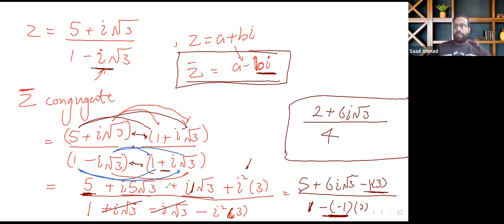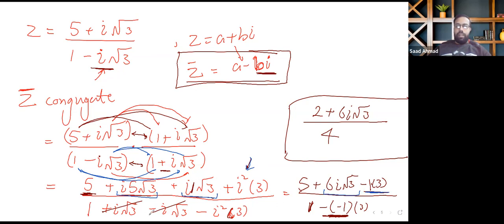Then in the next step, I combined the like terms. 5I square root 3 and 1I square root 3, they are the same I terms, imaginary terms. You can add them. So 1 plus 5 is 6. Then I square, the value of I square is minus 1. So we replace the I square, we put that minus 1 times 3.